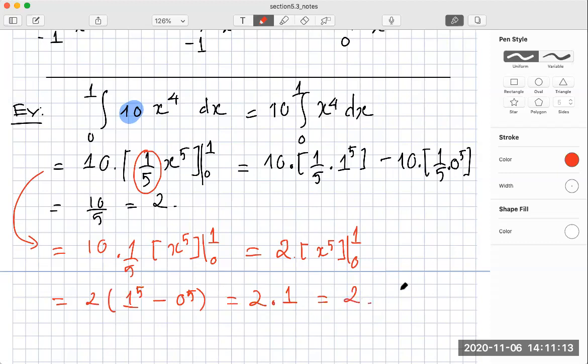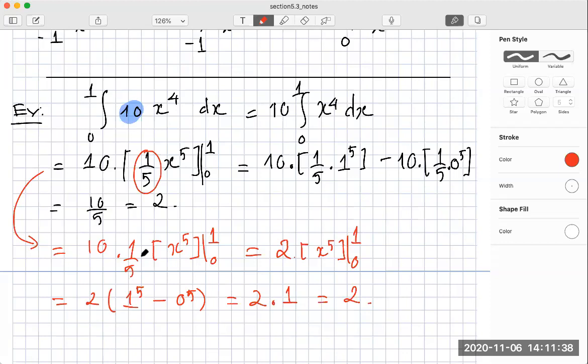It will be 2, right? They are the same result, but many ways to evaluate. So if you face a complicated function inside, let us make it simpler first, so we can avoid mistakes in the future. Okay.